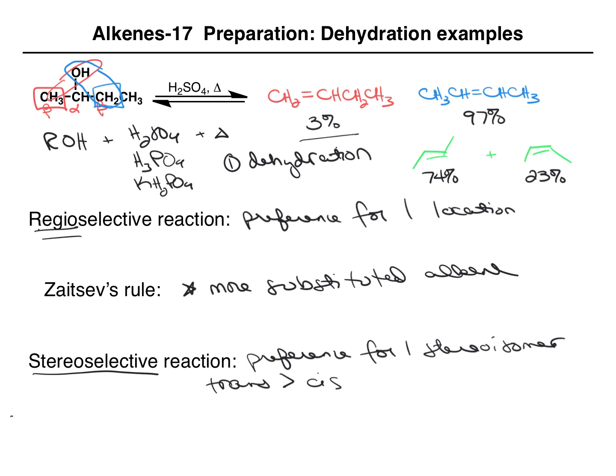We also need to look for the presence of non-equivalent beta hydrogens, because these can lead to multiple products. If we have non-equivalent beta hydrogens, then we need to apply Zaitsev's rule. In addition, we need to look for the possibility of stereoisomers. And if stereoisomers can be formed, we need to recognize that trans is preferred over cis.